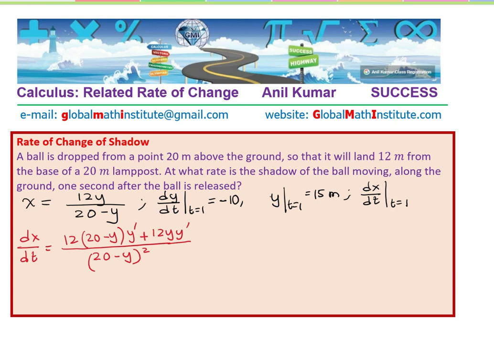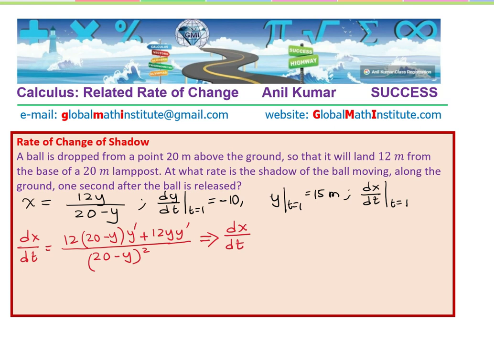Okay, so we get this expression. Now, you could always simplify this expression, then substitute the value, or we can just directly substitute the value. So that implies dx/dt, I'm not simplifying at present.